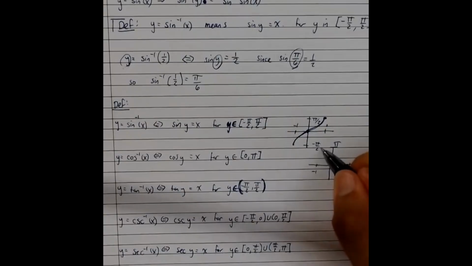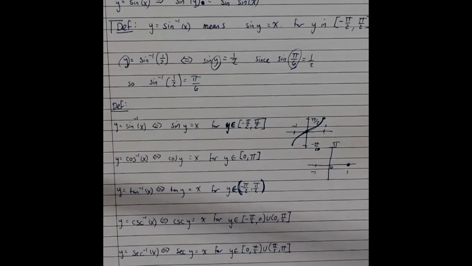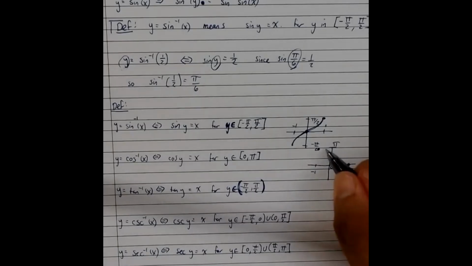And that's going to start up here at negative 1 comma pi. And then it's going to come down here to 1 comma 0. And then at 0 comma pi over 2, it's going to cross right here at the y-axis. So this will be pi over 2, halfway in between 0 and pi. And that'll look like this.